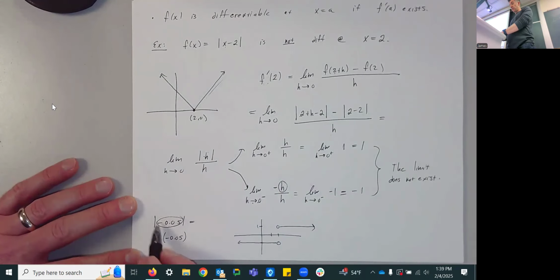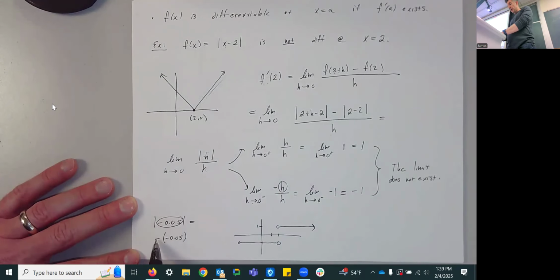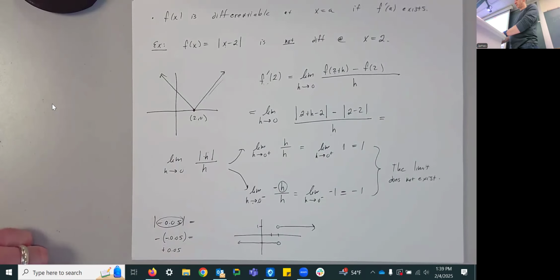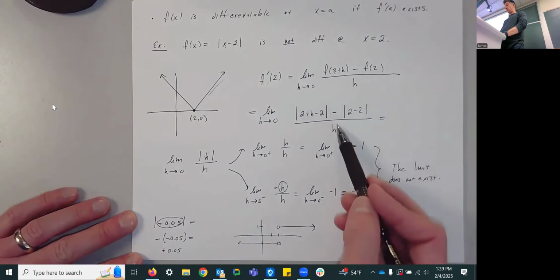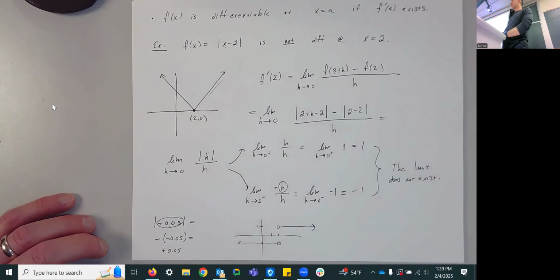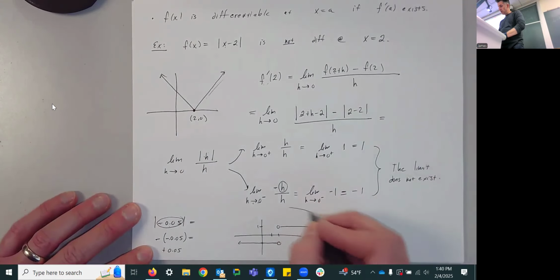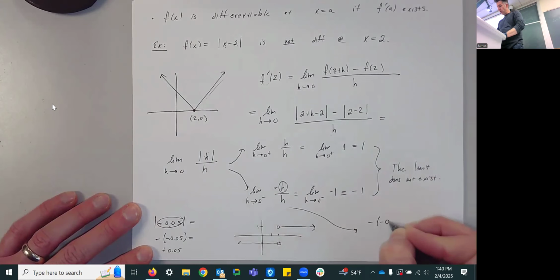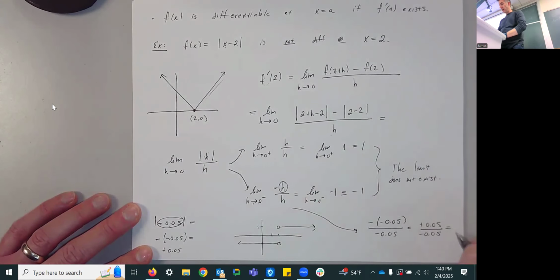And then the absolute value of that negative number is the negative of that negative number, which ends up being a positive 0.05. And then the denominator, we don't plug. The denominator was just good old h the whole time. Well, I could, and if I did, I would get negative 0.05. So I end up having positive 0.05 divided by negative 0.05, which is equal to -1.